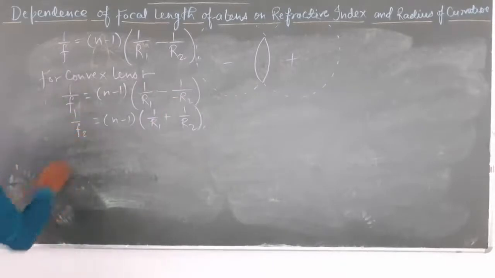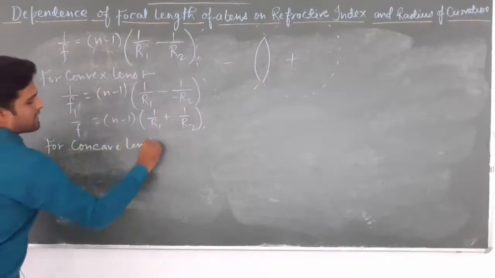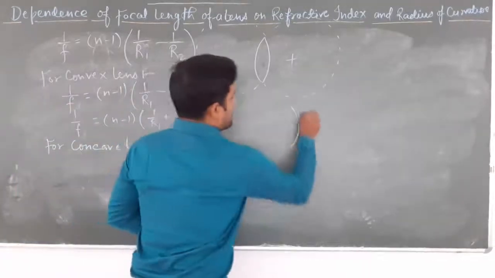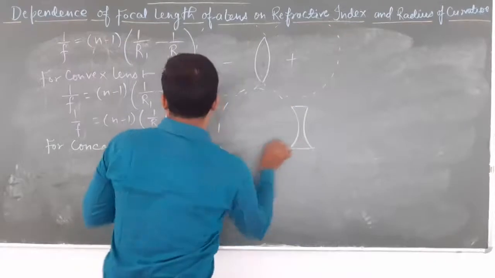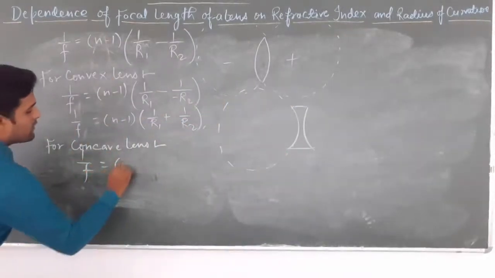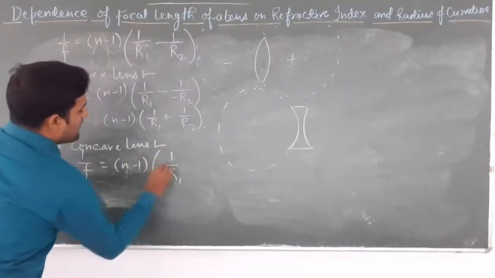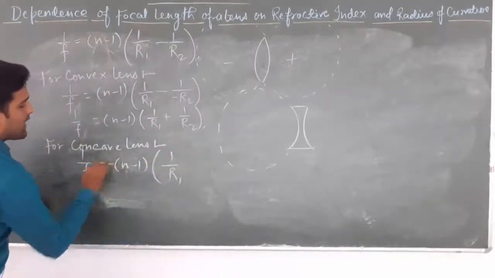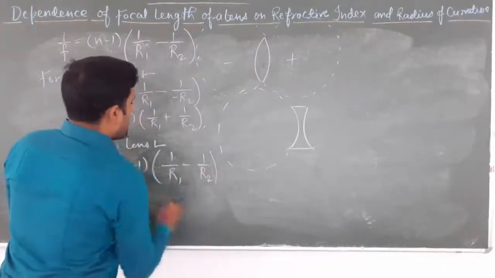Now consider the second case, the concave lens. For the concave lens, its first curve comes on the left side. So in this case 1 by f is equal to (n minus 1) times (1 upon R1 minus 1 upon R2).